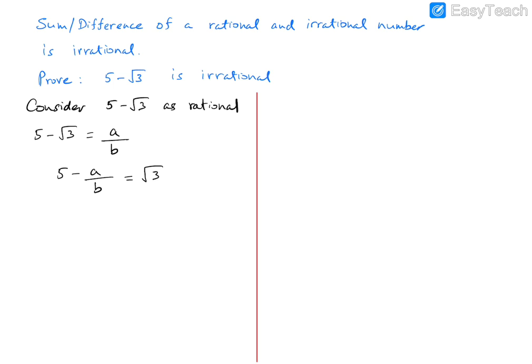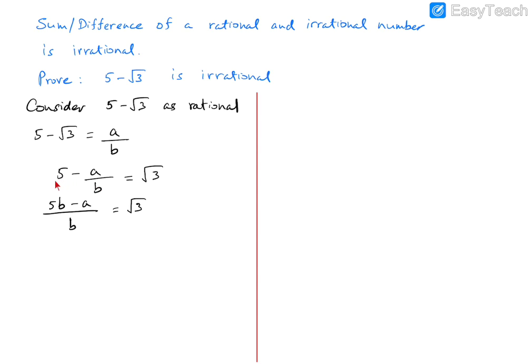And since we have b in the denominator, we can take the LCM as b, and for the left hand side we'll have 5b minus a divided by b equals root 3.